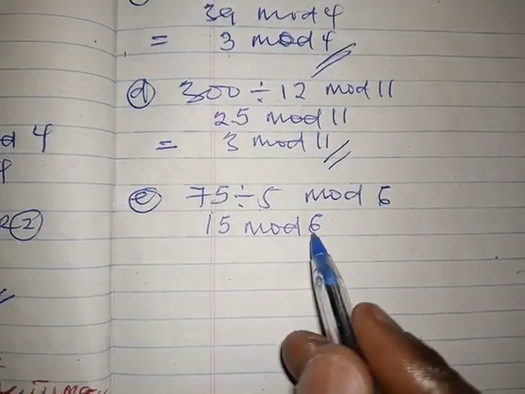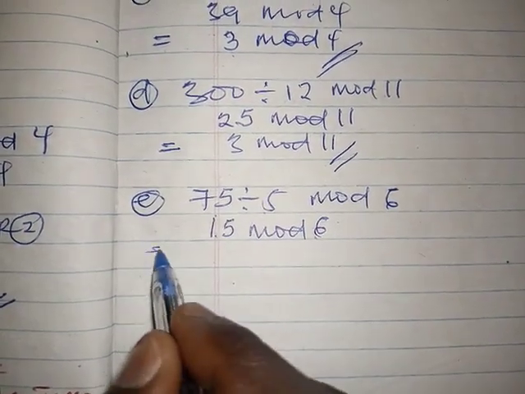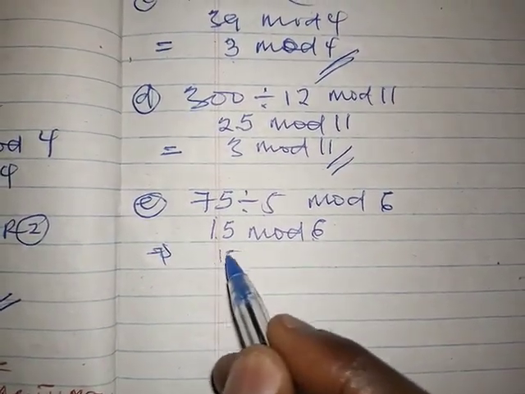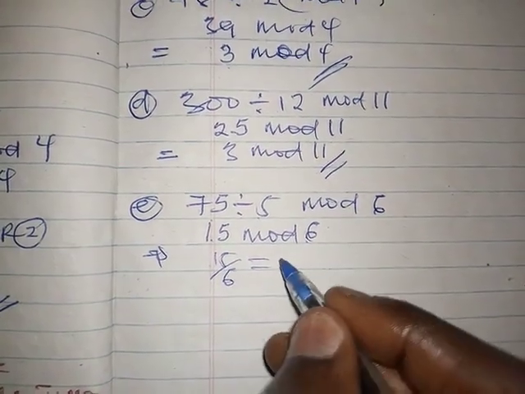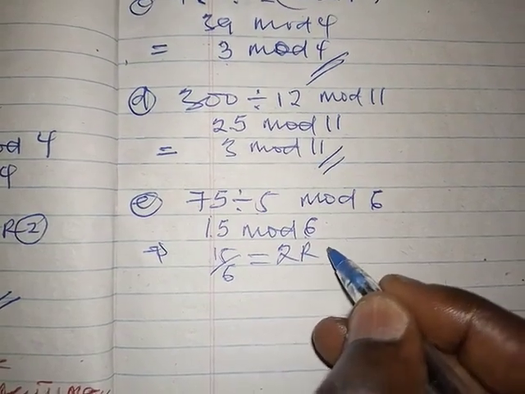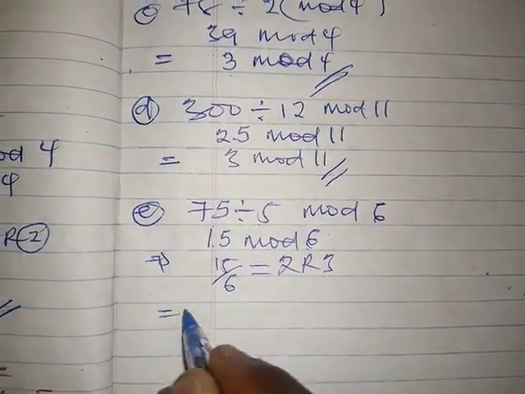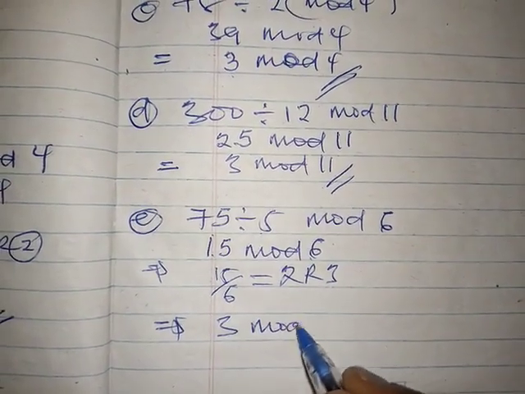And 15 mod 6, 15 divided by 6. So 6 goes into 15, we have 2, remainder 3. So the answer to this problem is 3 mod 6.